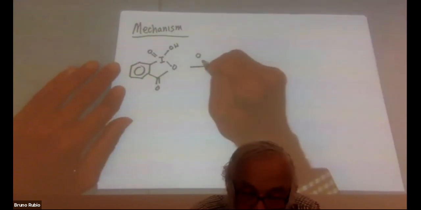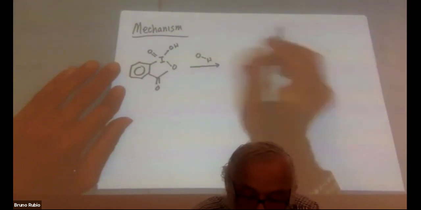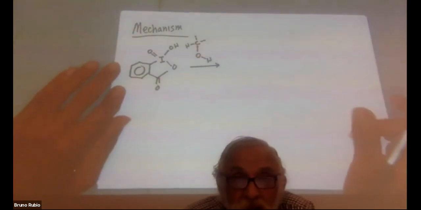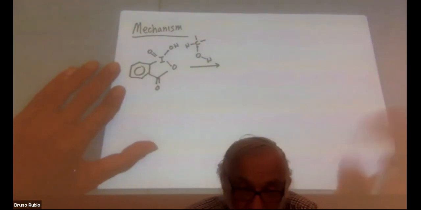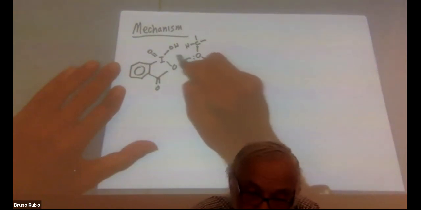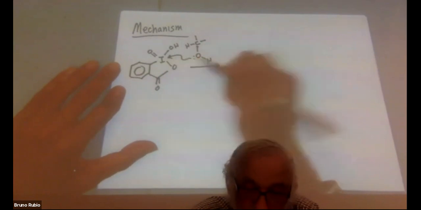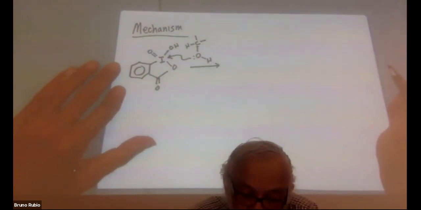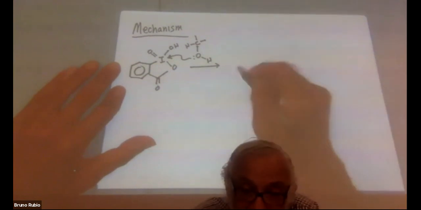And so we have the alcohol. And there's that carbon. And that carbon, whether it's primary or secondary, is going to have a hydrogen on it. That's very important. We saw that with PCC and with Jones. All right, and so that nucleophilic oxygen attacks the iodine.